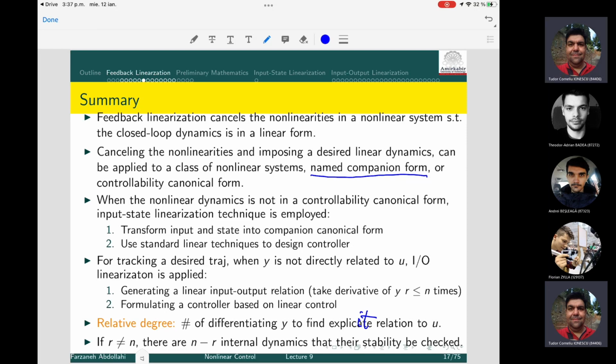This is what the relative degree is. If the relative degree r is different from the dimension n, then we have n minus r internal dynamics, and their stability needs to be checked. That's what it says. So these are a few conclusions of the things we have been discussing so far.